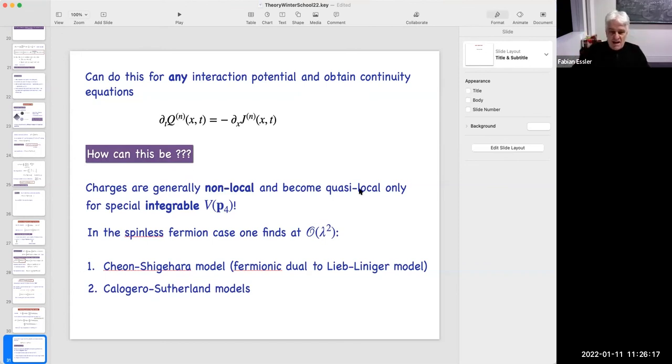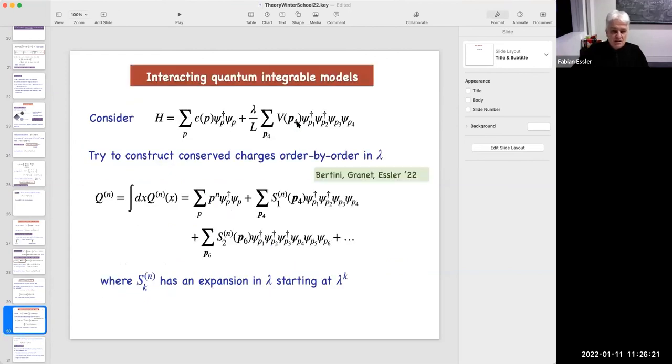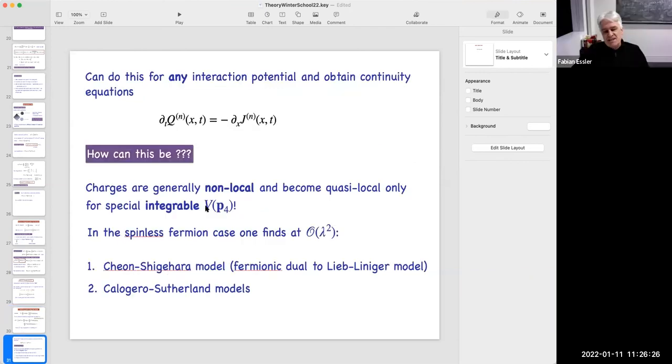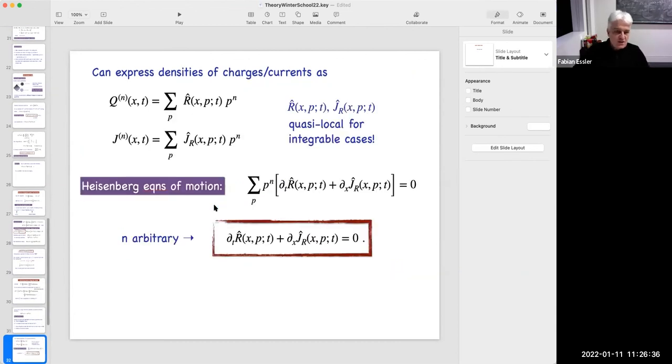And you can show they become quasi-local only for very special choices of this interaction potential. And these precisely correspond to integrable models. You can show you precisely recover all the known integrable models by this procedure.